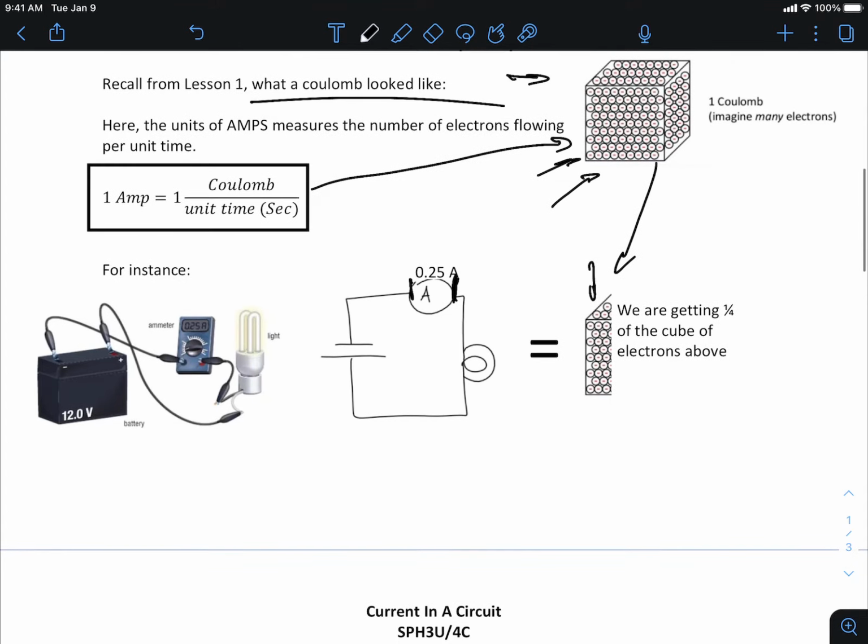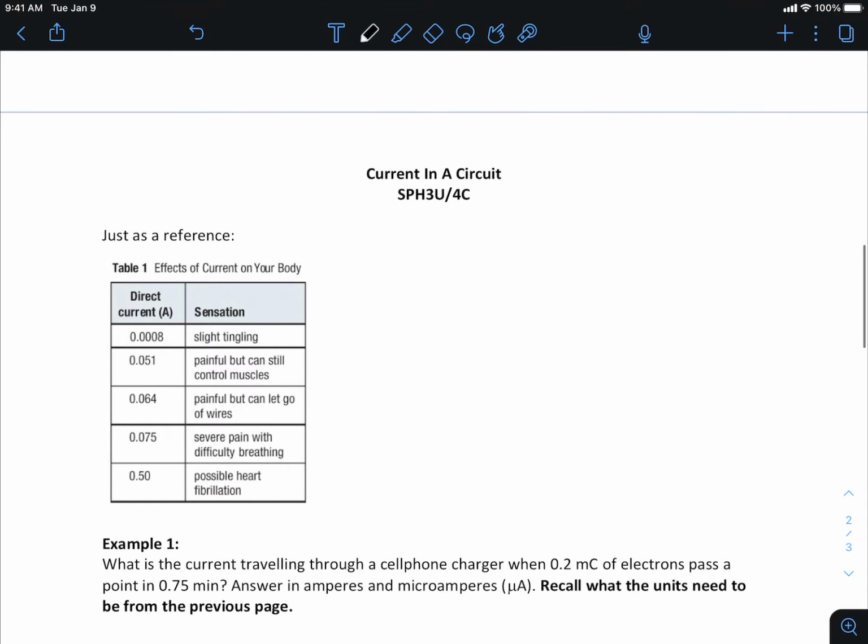So that's that. If I come down here, we'll see there are some reference values, like how much current, and what you could expect to see given different amounts of current going through your body. So everything from 0.0008, which is a slight tingling, all the way up to half an amp.